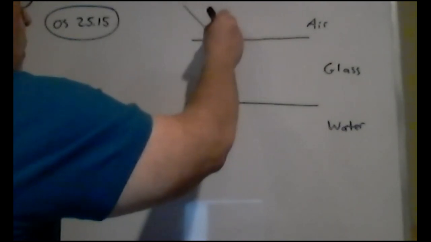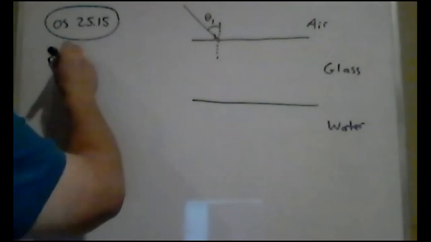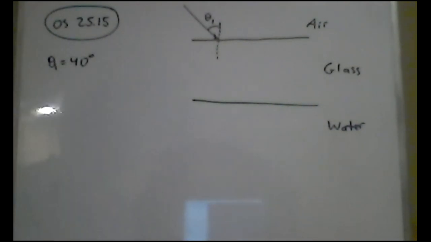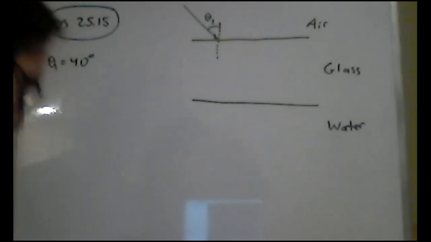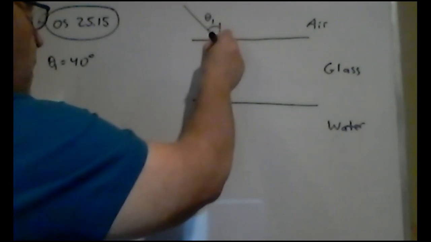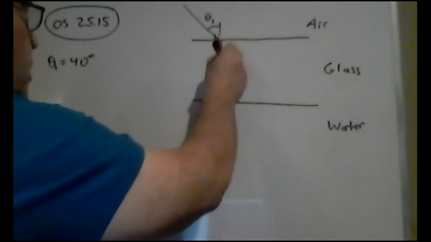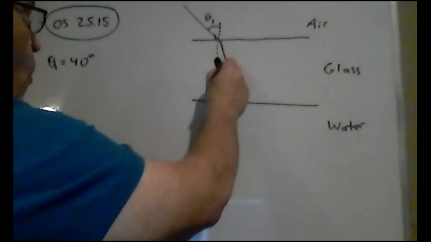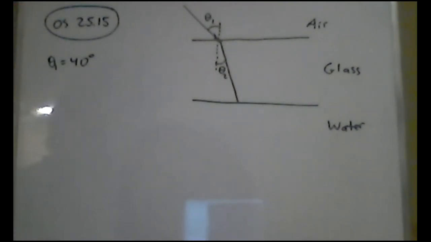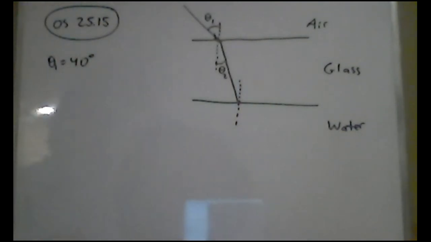We're going to say that this angle is θ1, and we know that θ1 is 40 degrees. Now what's going to happen? Well, the light is going to refract. This we'll call θ2. And it's going to strike an interface at the bottom here and then go into the water.